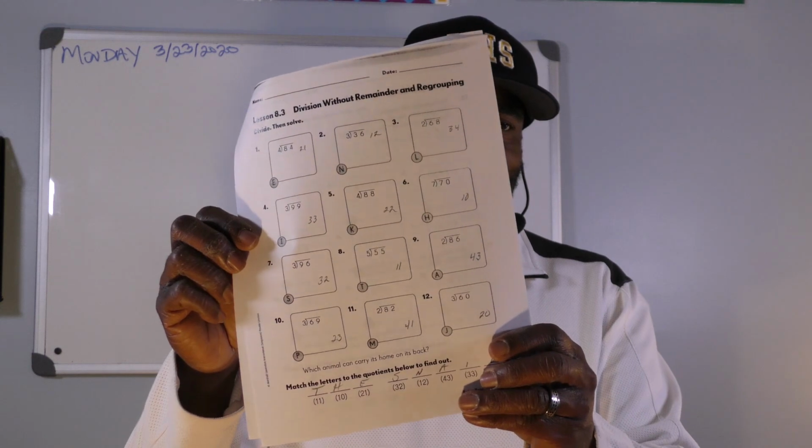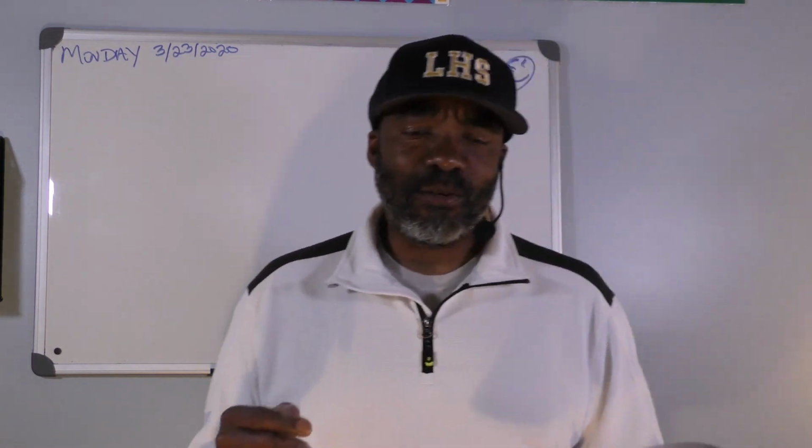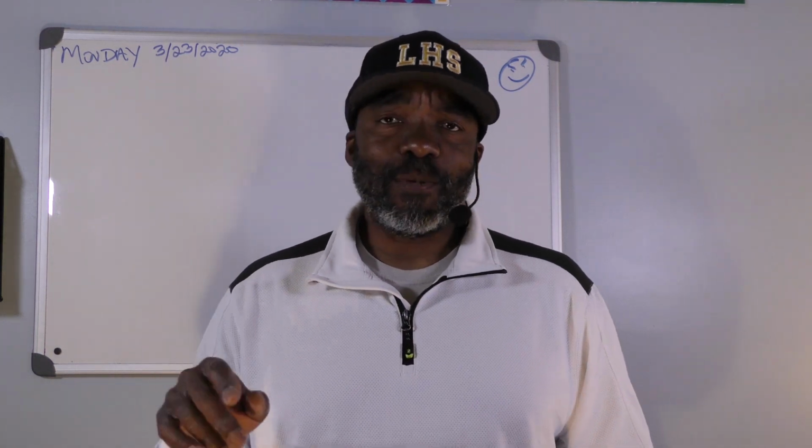Look at page 125 on that packet, and we're just going to go over what the answers were. If you didn't get the right answer at the bottom, then your answers weren't exactly right. If you have any issues with why you didn't get that, you guys know my email.